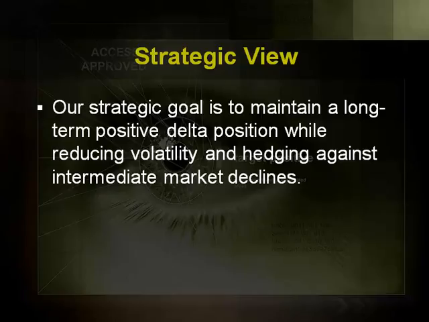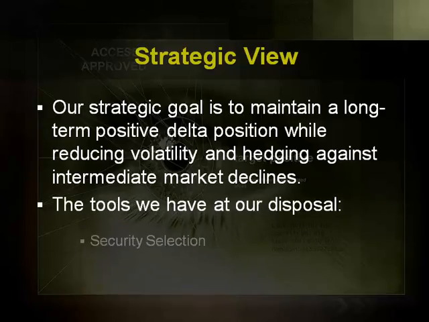So we want to reduce volatility while maintaining that positive delta, and we want to hedge ourselves against the intermediate market declines. That is the strategic perspective we're approaching for purposes of this analysis.